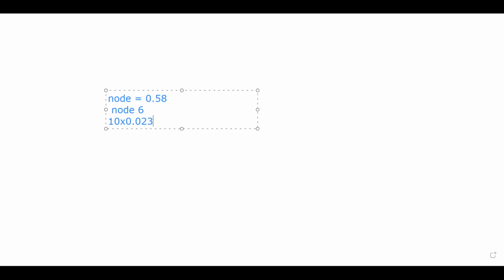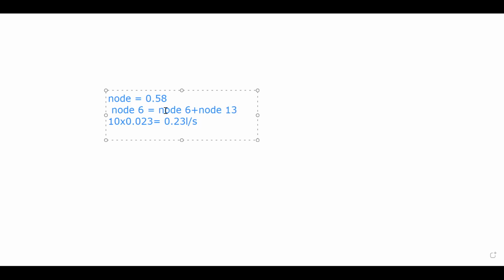That gives me 0.23 liters per second. So node 6 is 0.23. Therefore, the flow for node 6 will be node 6 itself plus node 13. That's the formula for node 6.